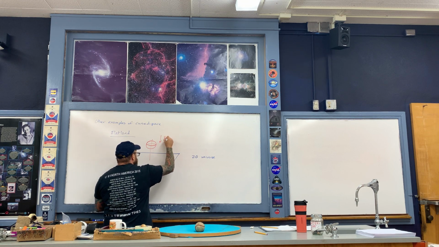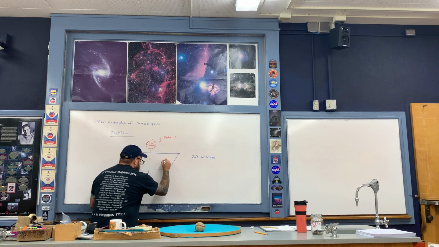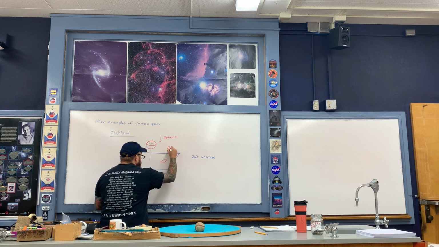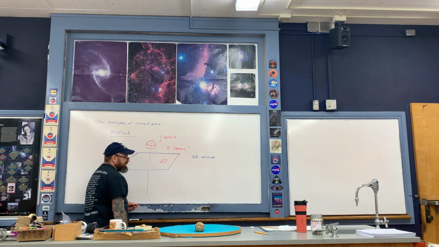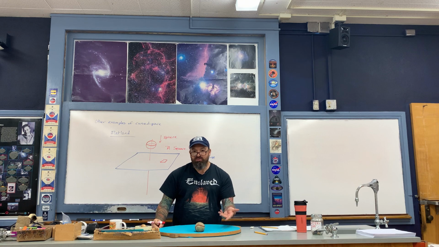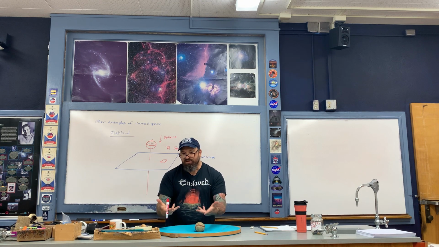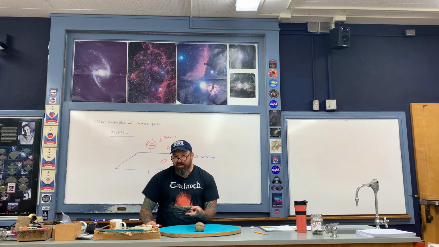And that sphere, we'll say, is moving in this direction. Okay, and then right here is the character in Flatland. As I said earlier, the character's name is A Square. A Square observes the sphere passing through Flatland, and as he observes it, he realizes that what he is seeing is a three-dimensional object in his two-dimensional space.